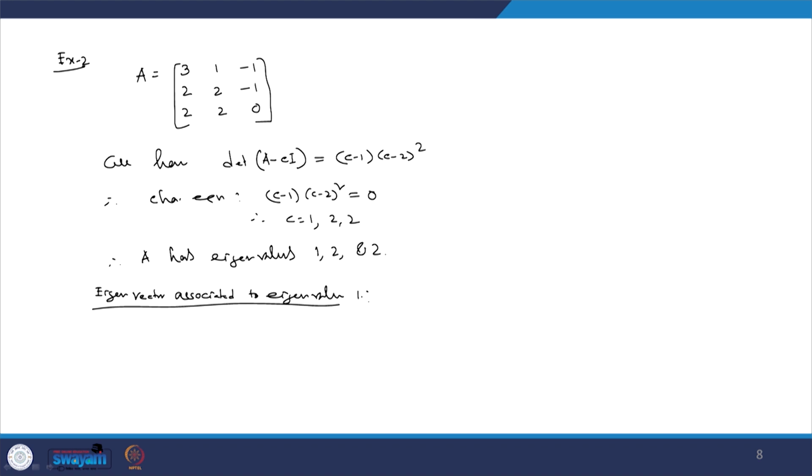So, let alpha equal to (x1, x2, x3) transpose, so that (A minus I) into alpha equal to 0 is satisfied.